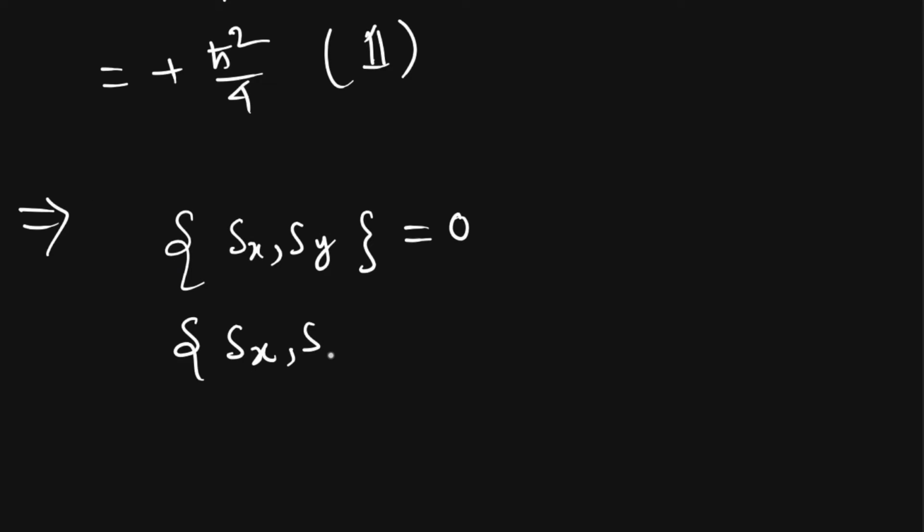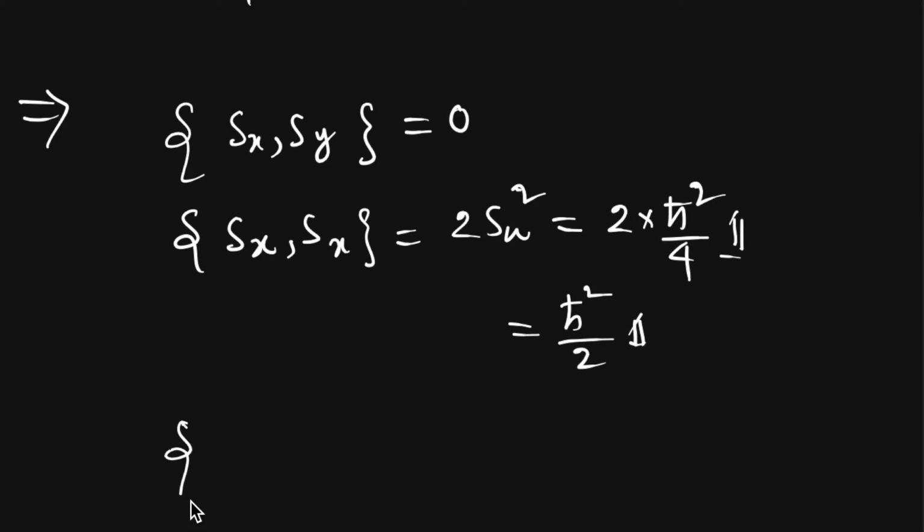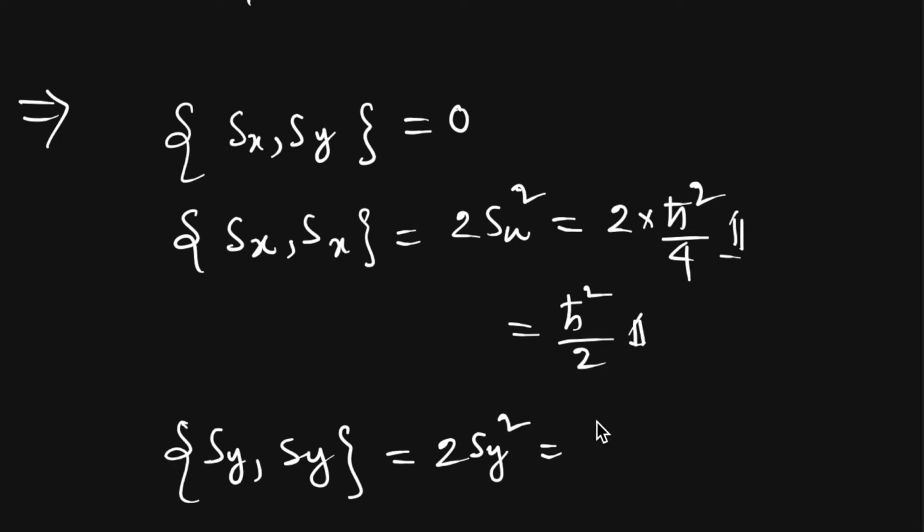It will be 2Sx², that will be nothing but 2 into ħ² by 4 into identity, equal to ħ² by 2 into identity. Similarly, the anti-commutation of Sy is 2Sy², that is also ħ² by 2 identity.